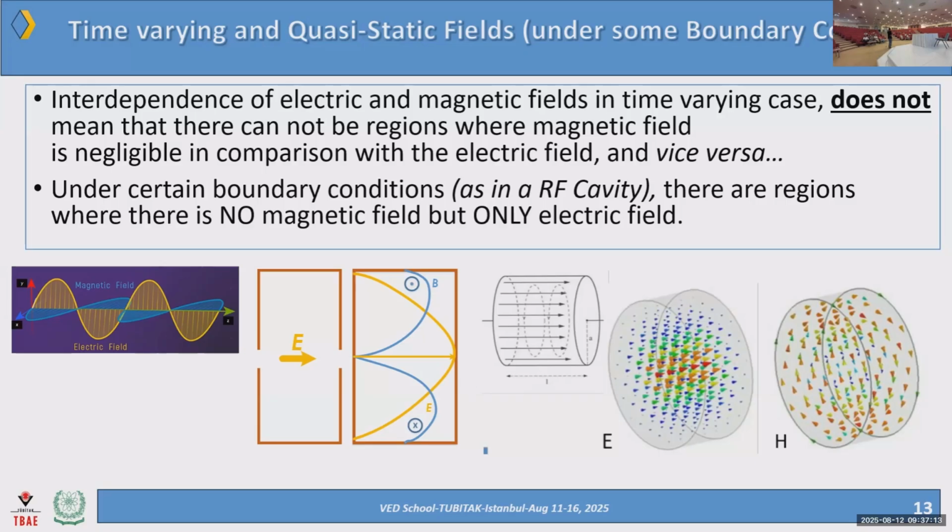Why don't we want magnetic field, by the way? Because it will try to make a cycloid motion, and our electrons or charges will feel undue disturbance, perhaps. So it's a very clever way of devising instruments.